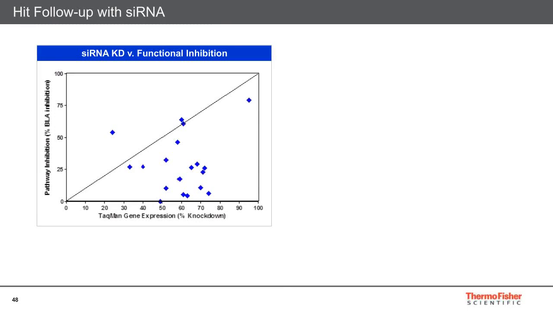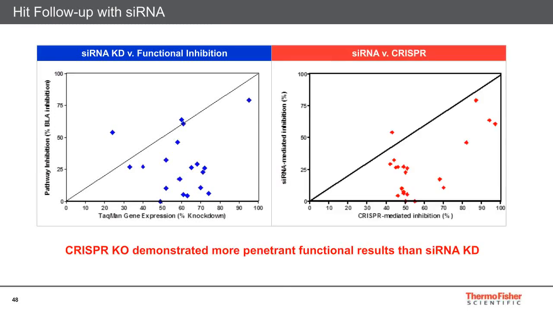Then we compared this data to what it looks like with CRISPR, and shown here on the right-hand side plot, on the y-axis is siRNA-mediated inhibition, and on the x-axis is the CRISPR-mediated inhibition. And you can see that some of these targets on the extreme right-hand side of the plot are some of the very well-characterized molecules or targets in the pathway. So no wonder they show up in both CRISPR and siRNA-mediated.